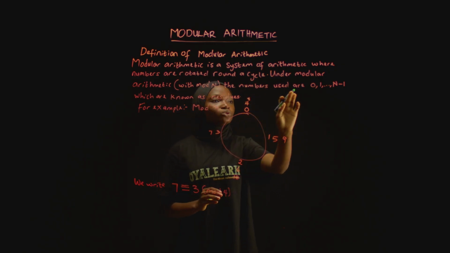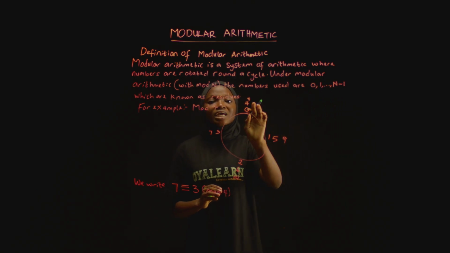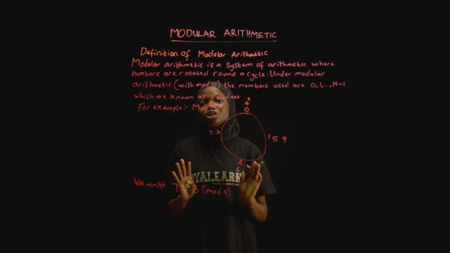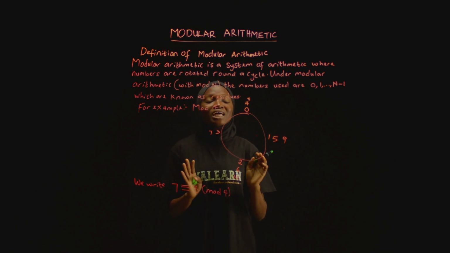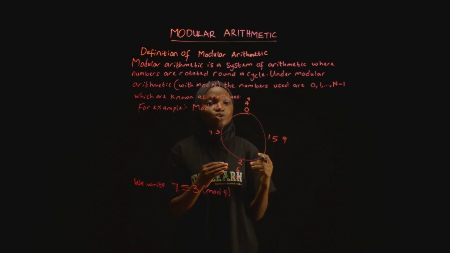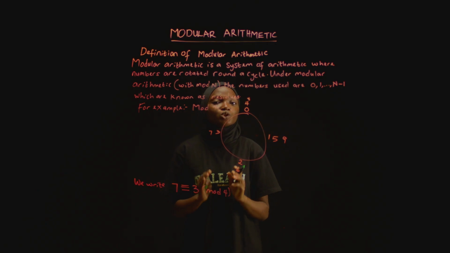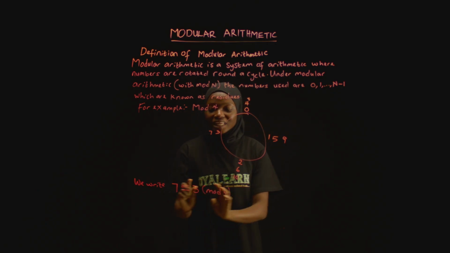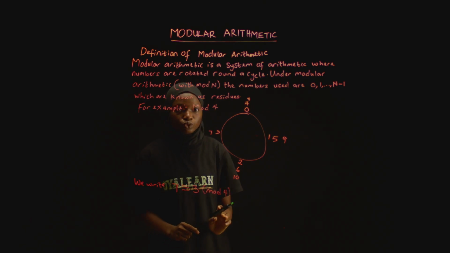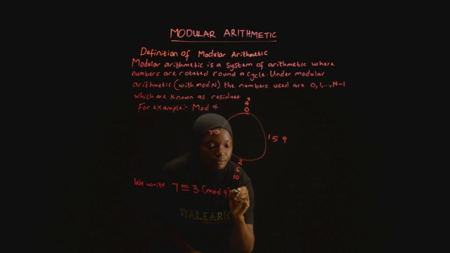We said the numbers used are 0 to n minus 1. Here n is 4, and 4 minus 1 is 3. So the digits we have are 0 to 3. But that does not mean you cannot have a number higher than 4. If you have a number higher than 4, we have to convert it to give you just digits between 0 and 3. And that's why we have 7 equivalent to 3 in mode 4.